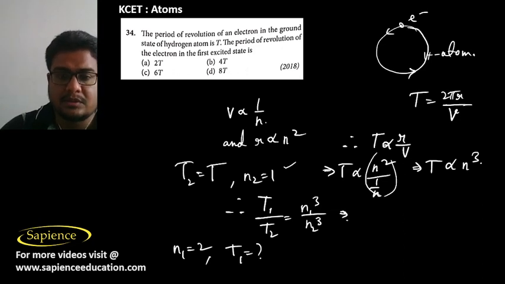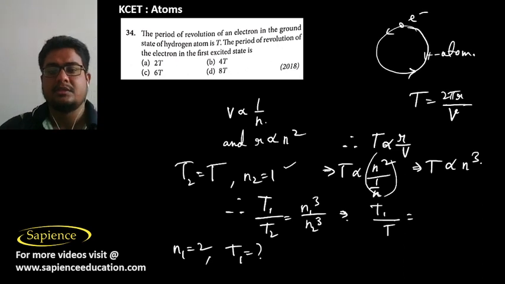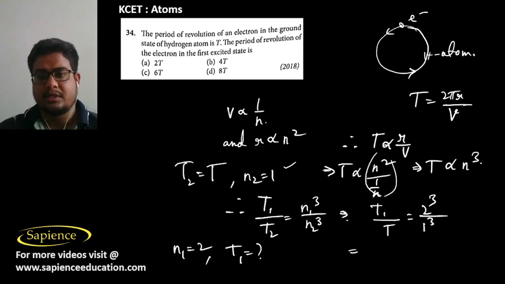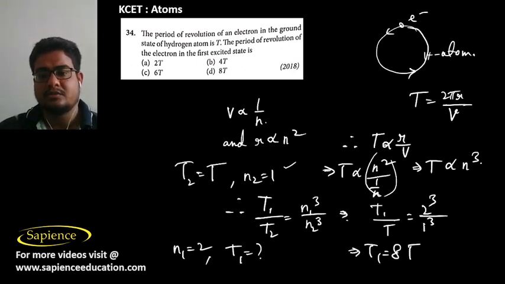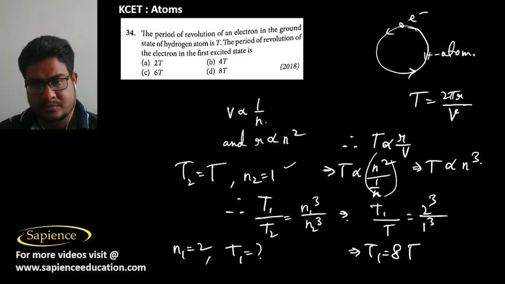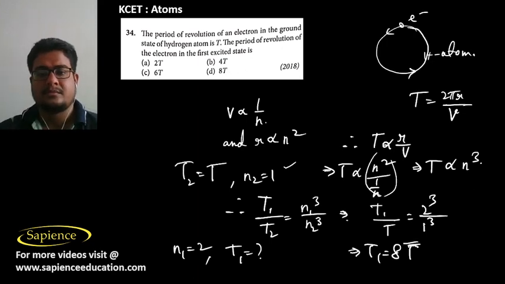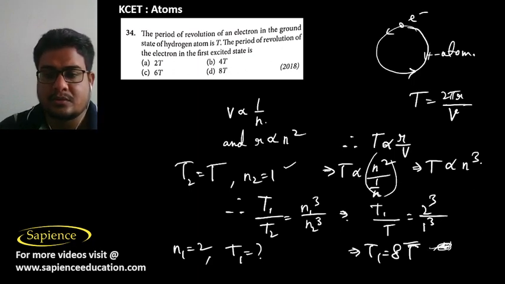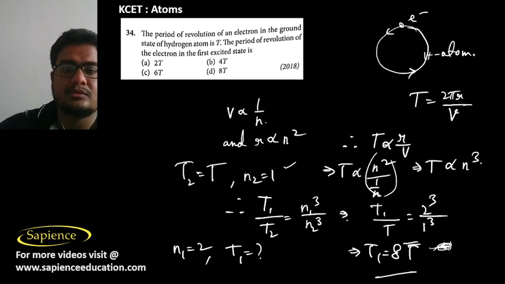Therefore T1 divided by T is equal to n1 cube, 2 cube by 1 cube. So this is 8. So T1 is equal to 8T. So option D is the correct answer.